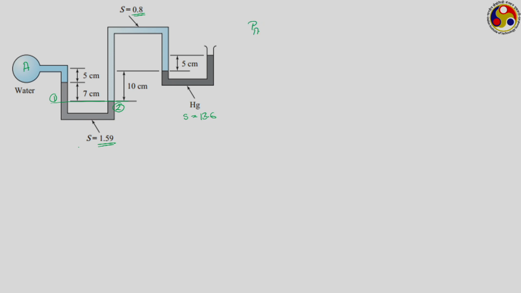That is equal to Pa plus gamma water into 0.05 plus, let us call this gamma of manometric fluid 1, so gamma M1 into 0.07. This should be equal to the pressure at point 2.